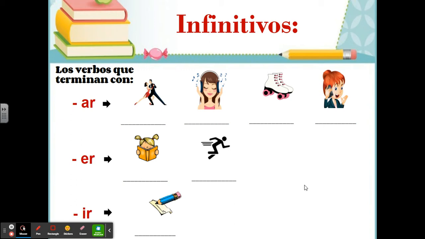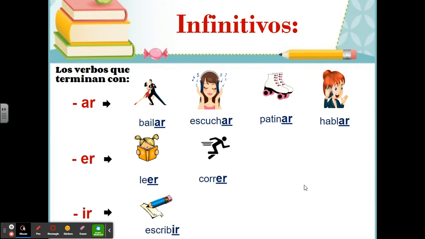So, darlings, what I expected you to know is these. You should have seen dancing, obviously, is bailar. Listening, obviously, escuchar. The point being, all verbs in their basic form end with either AR, ER, or IR. If you're in my classroom, you've seen the backboard.